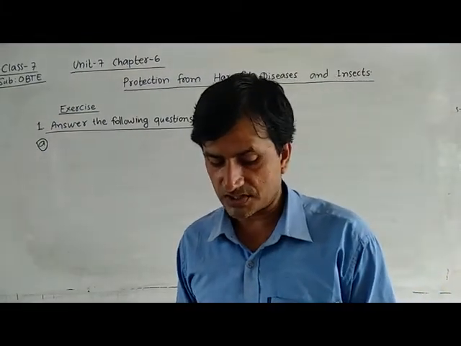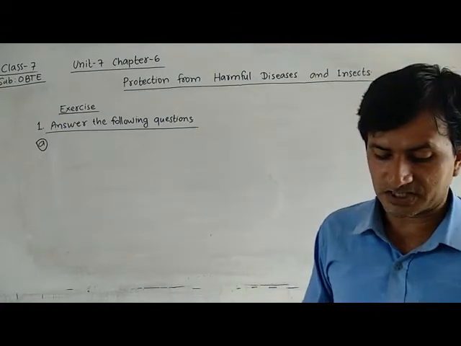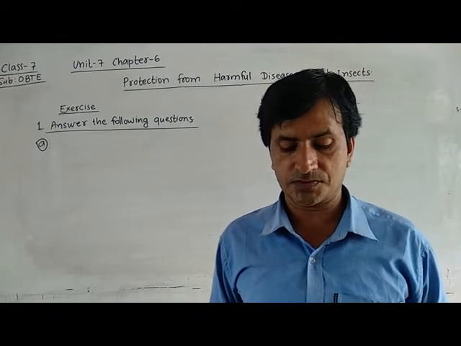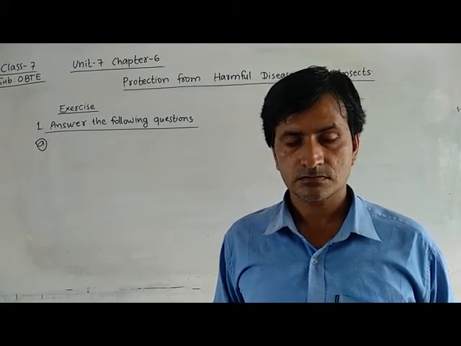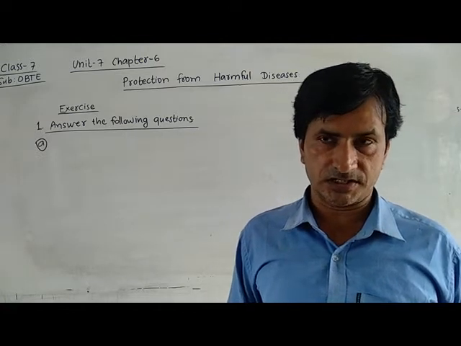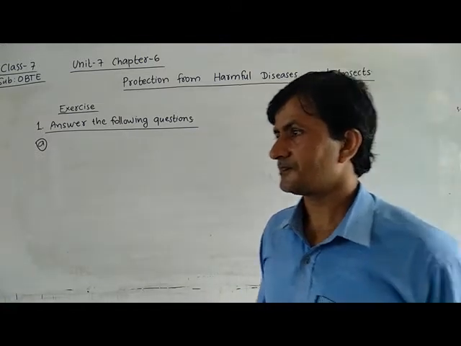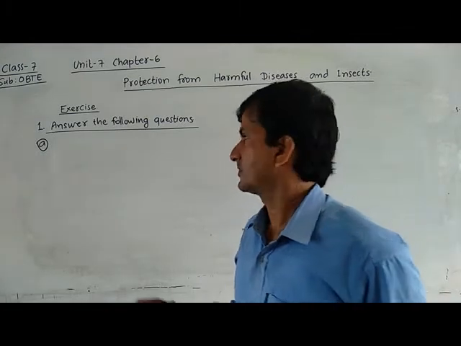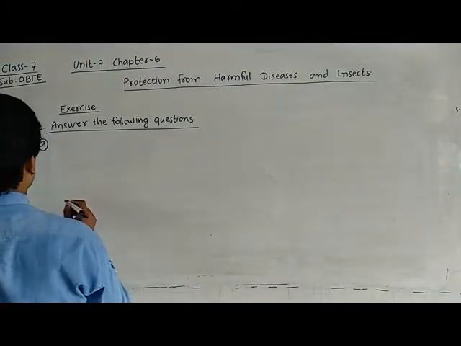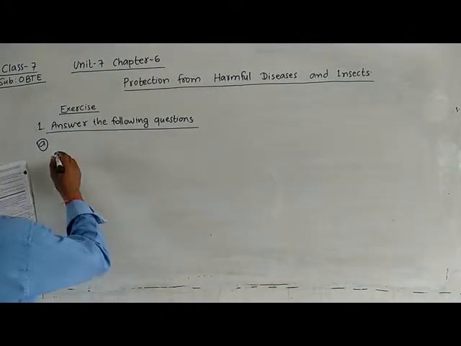The first question is: how do insects and diseases harm crops? Explain. How do insects and diseases harm crops? I write this. Insects and diseases eat different parts of the crops.